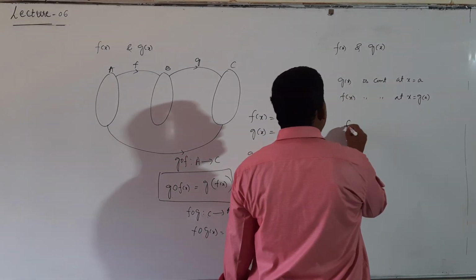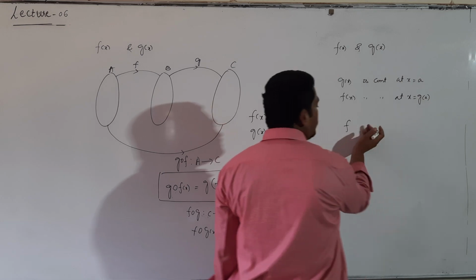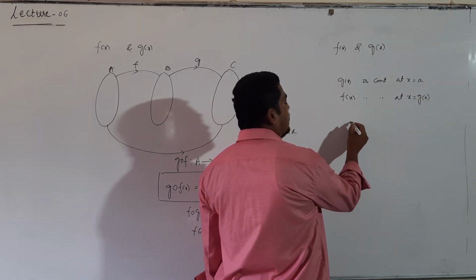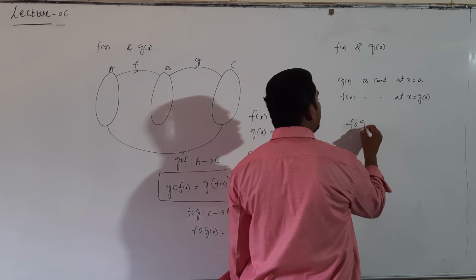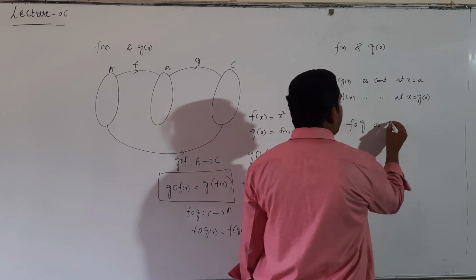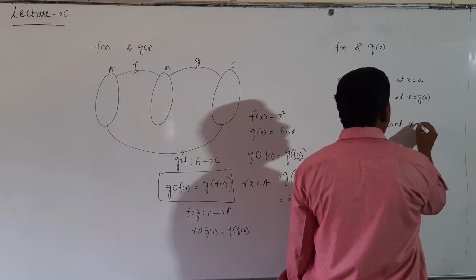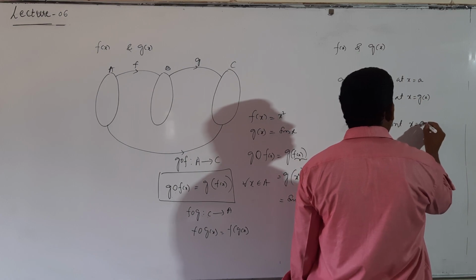Then the composition f circle g is continuous at x equal to a.